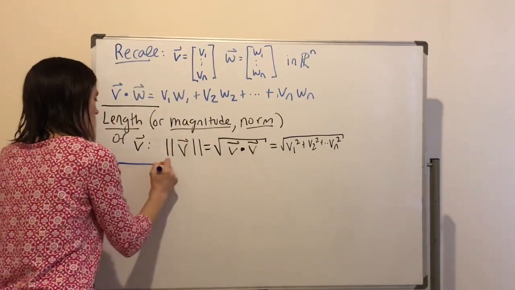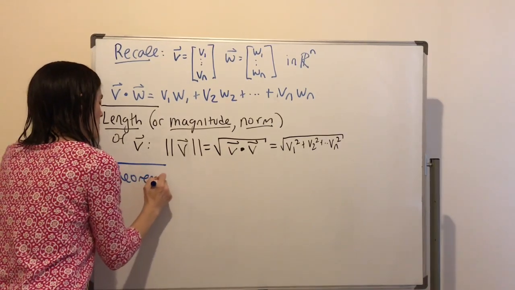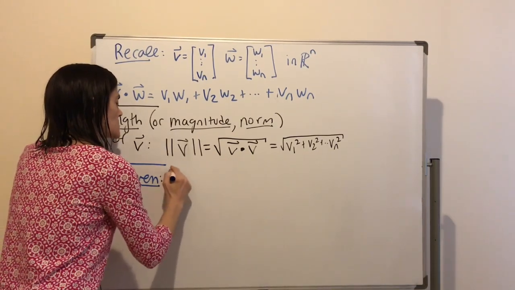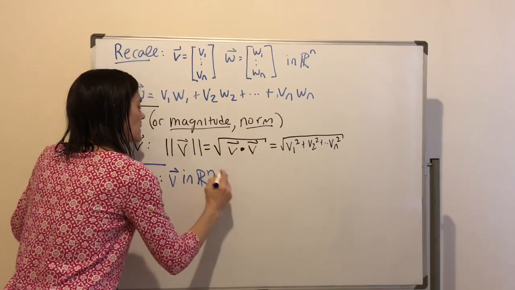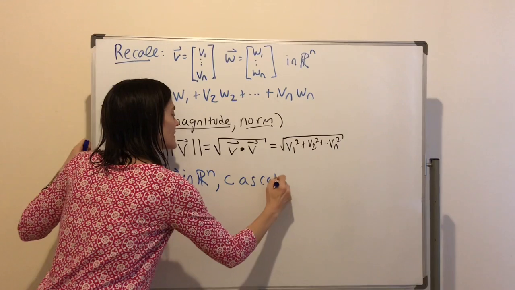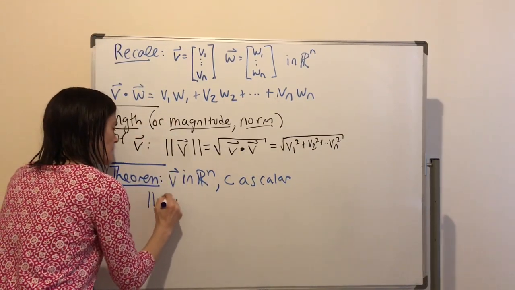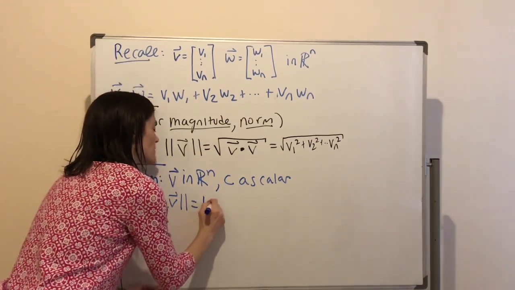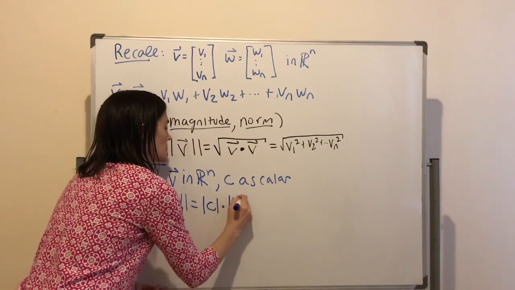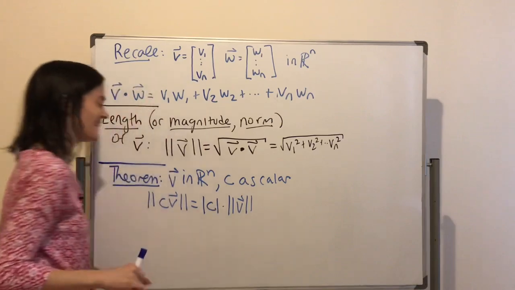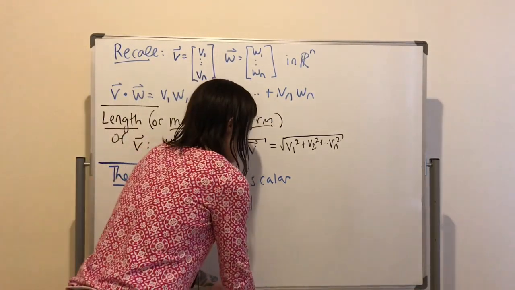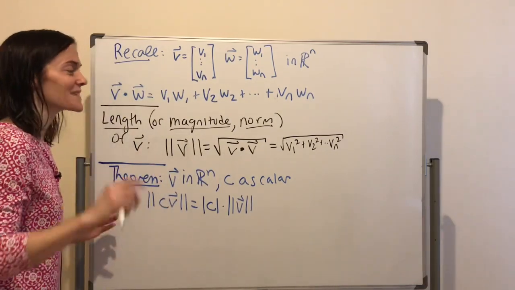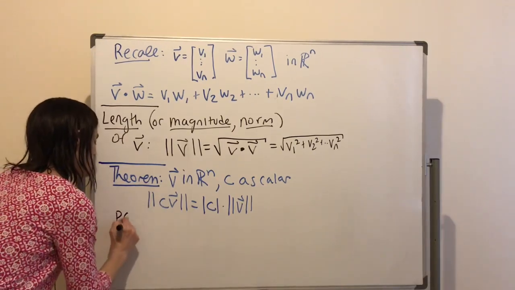The next thing I will say, and this is a theorem, is for V in Rn and C a scalar, if you take the length of CV, this is scalar times a vector, well, this is absolute value of C times the length of V. Okay, maybe I will just prove this in R3, just because I can write my components all down without a dot, dot, dot, but it really works in general.